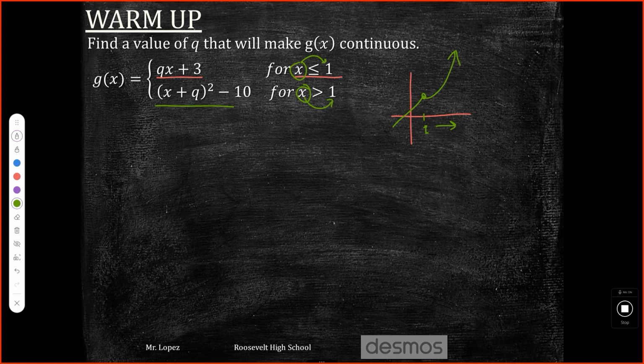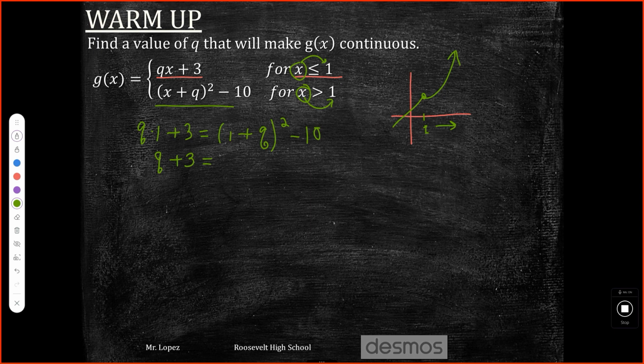So it'll be q times x is 1, plus 3, has to equal 1 plus q squared minus 10. Q times 1 is q, so we have q plus 3. And then we can FOIL this out.